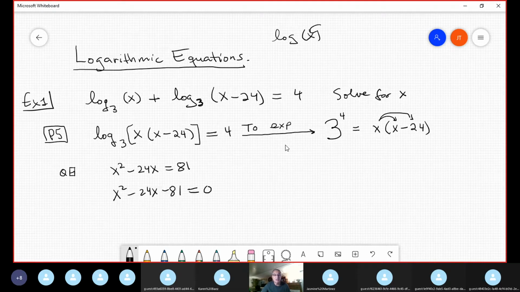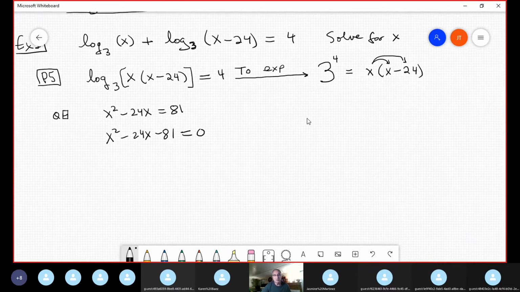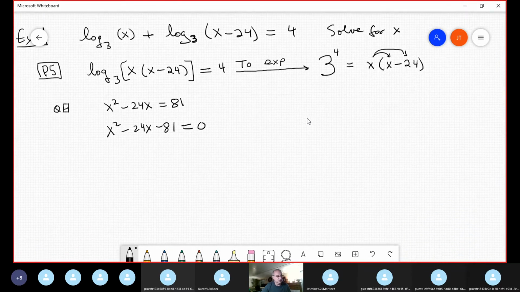Nice. I am an expert doing that. We have no problem, we can solve by factorization or by the quadratic formula. In this case, it's hard to see by factorization: 81, 24, I have no idea. However, using the quadratic formula, negative b plus or minus the square root of b squared minus 4ac, divided by 2a.